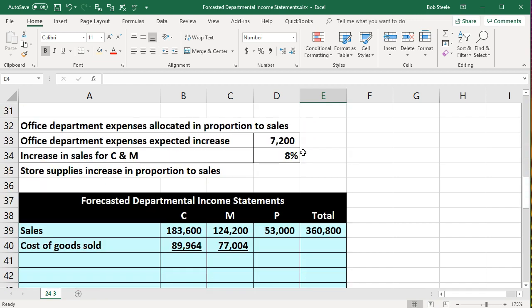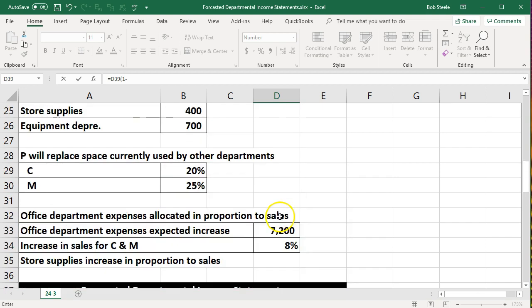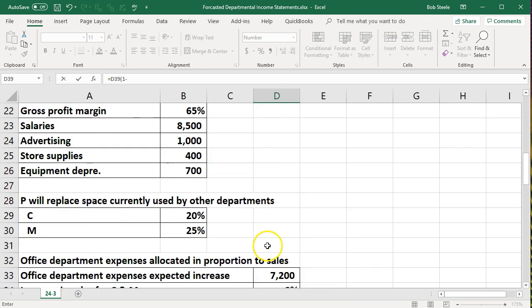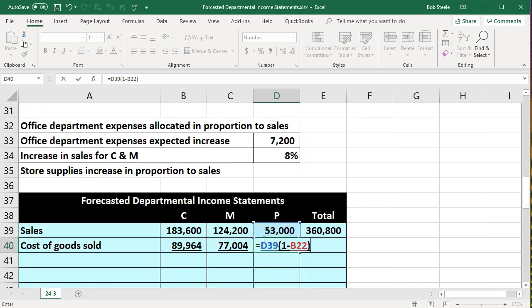Now, to do that, we'll do that with a formula down here. We're going to say this equals, and we're going to pick up the sales, and we're going to say 1 minus the gross profit, which was 65%, and brackets, and it didn't like that, times 1 minus the gross profit.